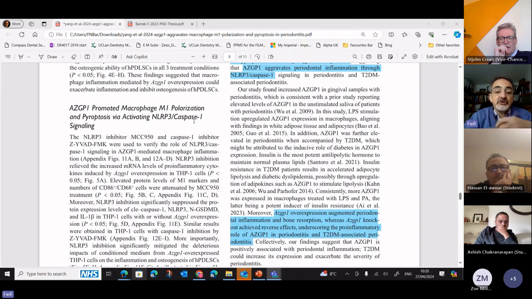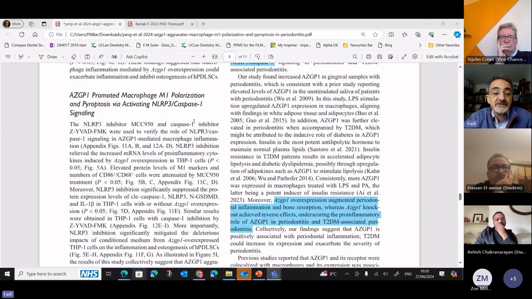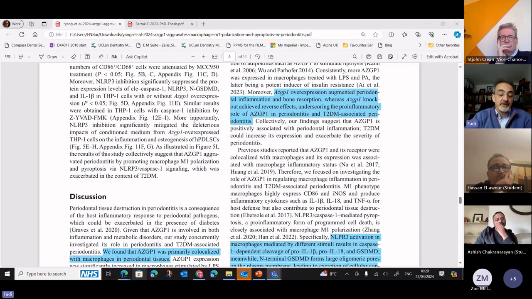The way they showed that was they tried to block the effect of caspase-1, and they found that actually the AZGP1 not only increases the transcription of NF-κB, but also the pathway through the inflammasome caspase-1 signaling. So that pathway diagram I showed you seems to be, to a certain extent, controlled by this glycoprotein.